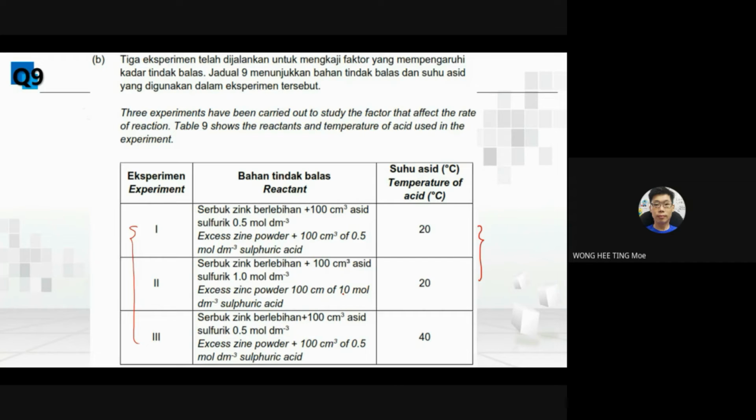Now if 1 and 2, what is the factor affecting the rate of reaction? Concentration of sulfuric acid. This one is 0.5, this one is 1.0, same temperature. Then how about 1 and 3? Same concentration but different temperature, so 1 and 3 will be temperature.